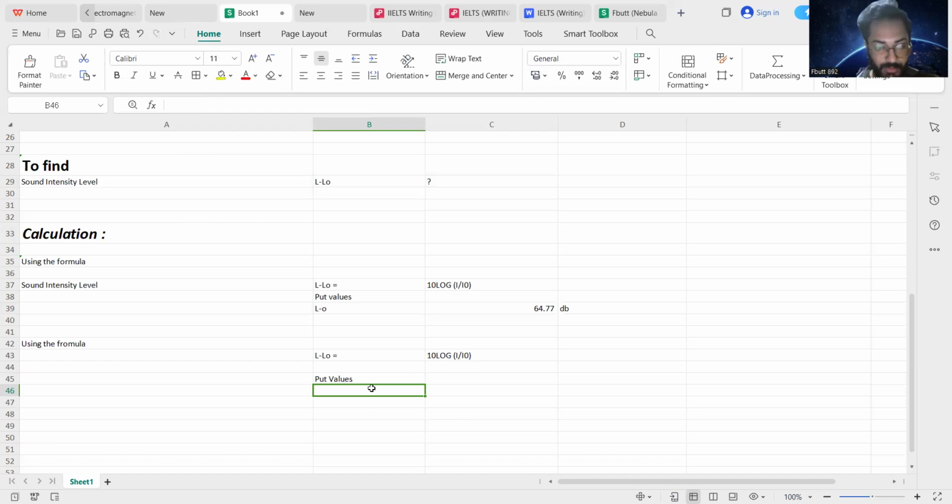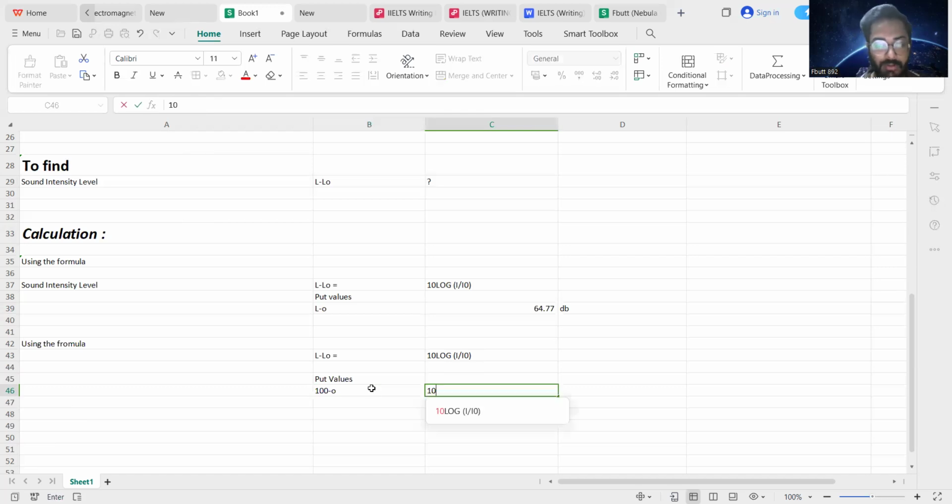Okay, put values. L is 100 decibels minus 0 is equivalent to 10 multiplied by the logarithm of the ratio of the sound intensity, and the sound intensity we have to find, to the sound intensity of the faintest audible sound, which is 10 raised to power minus 12 watt per meter square.